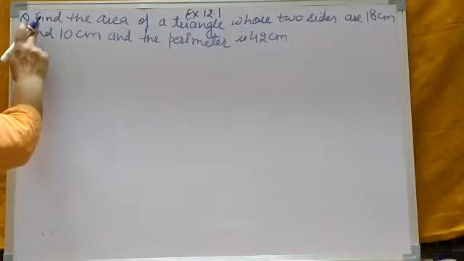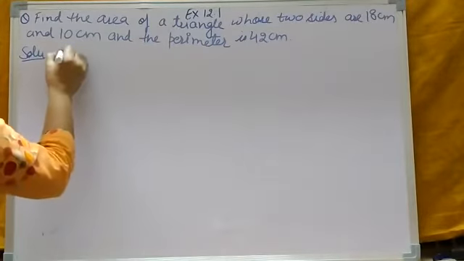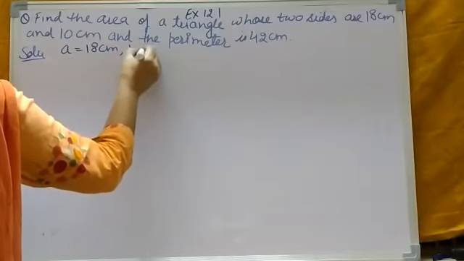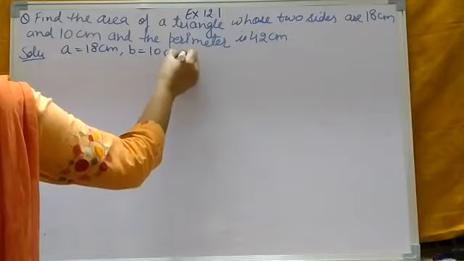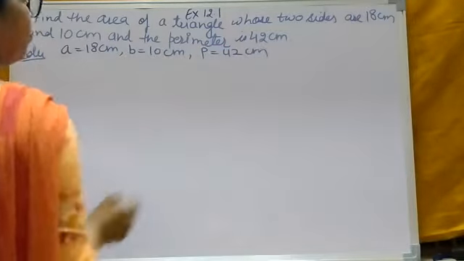In our next question, find the area of a triangle whose two sides are 18 centimeter and 10 centimeter and the perimeter is 42 centimeter. It means a is equal to 18 centimeter, b is equal to 10 centimeter and perimeter is equal to 42 centimeter.